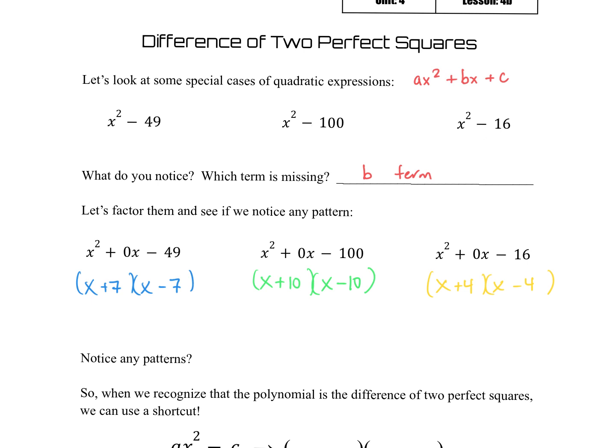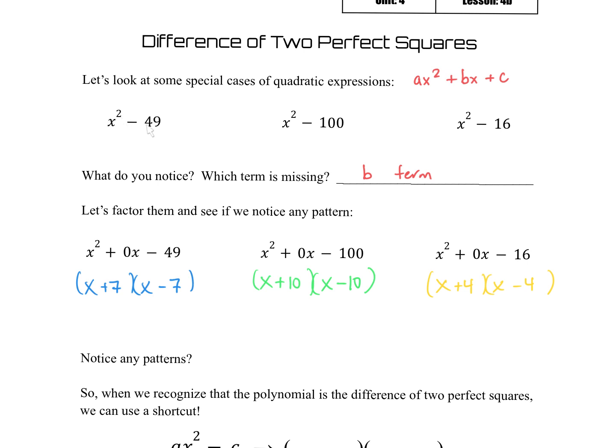And the last piece is perfect squares. Remember, a perfect square is a number where you take the square root and you get an integer. Numbers like 49, 100, and 16. And for the variable part, to be a perfect square, it has to have an even exponent.